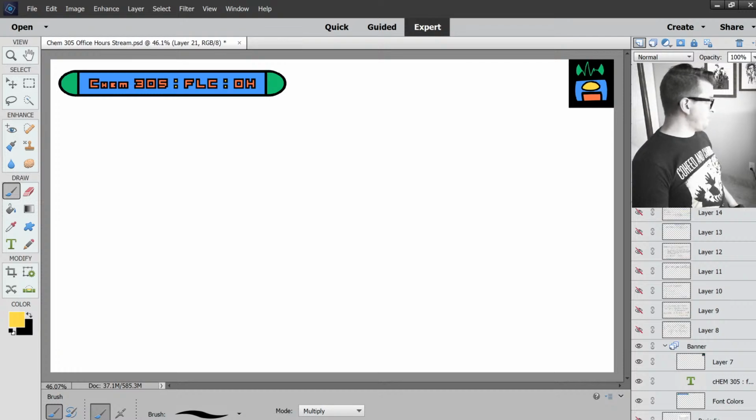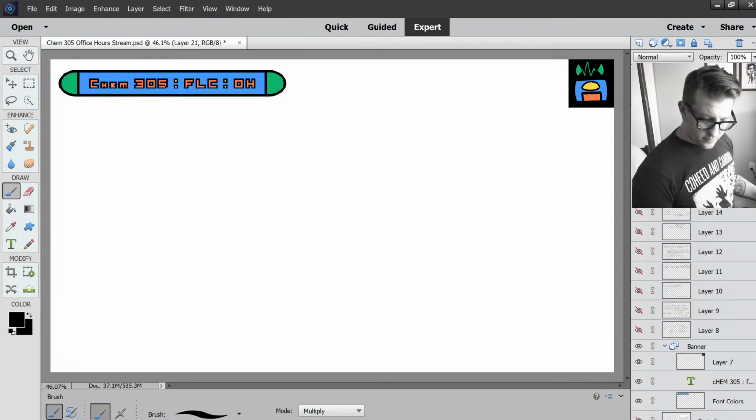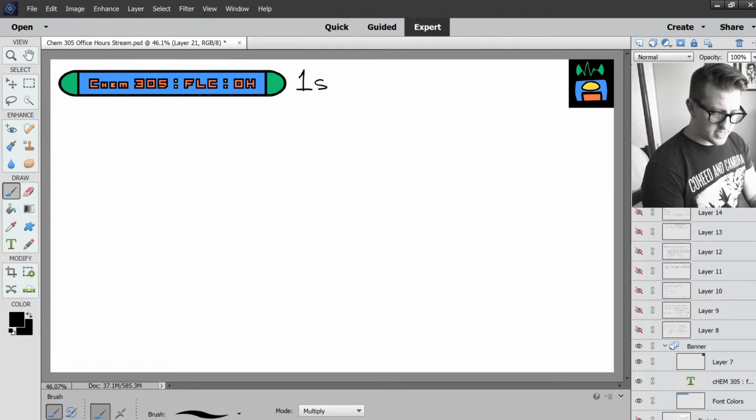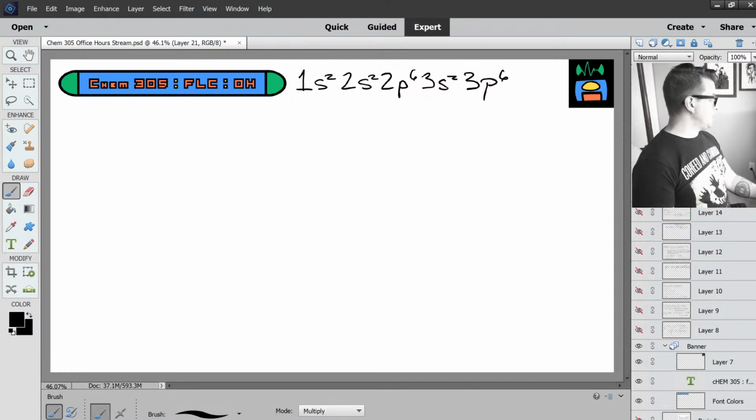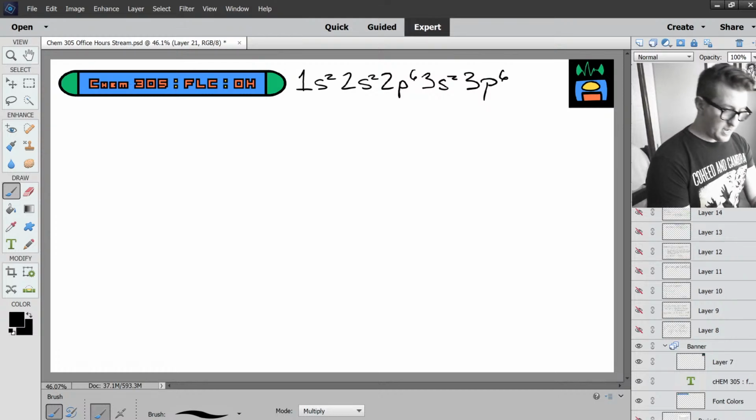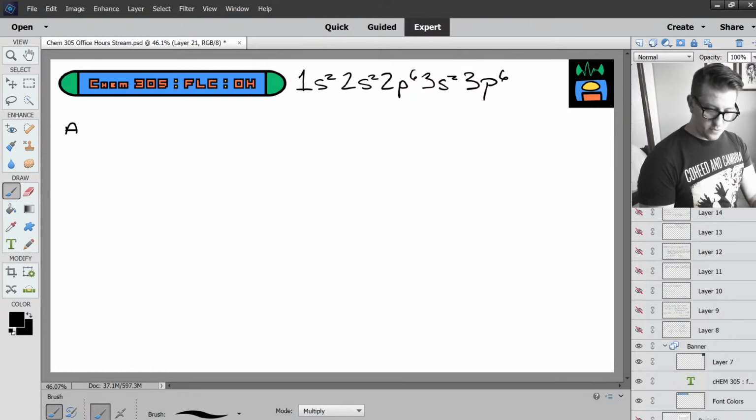All right, number 11. Which of the following statements is consistent with the electron configuration 1s2, 2s2, 2p6, 3s2, 3p6. So we're looking for a consistent statement, and we have a few of them.